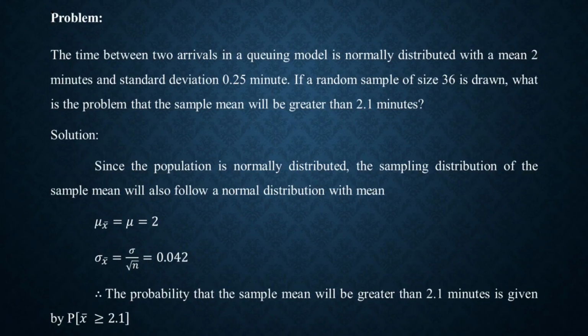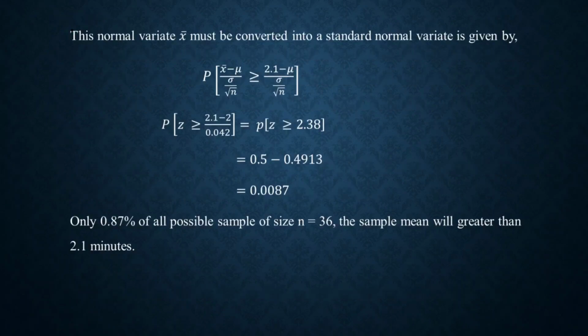Now, the probability that the sample mean will be greater than 2.1 minutes is P of x bar greater than or equal to 2.1. This normal variate x bar must be converted into a standard normal variate, which is given by P of (x bar minus mu) by sigma by root n greater than or equal to (2.1 minus mu) by sigma by root n.